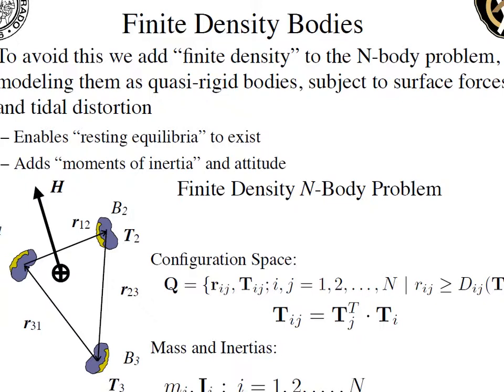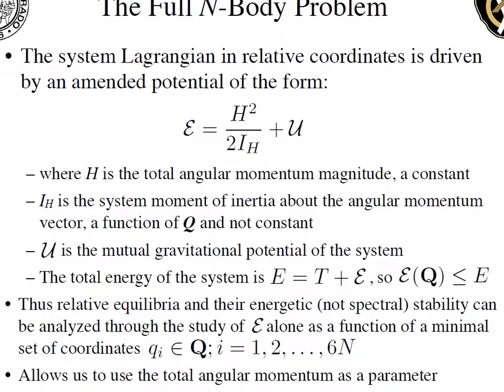We also have, in addition to the masses, the moments of inertia or the inertia tensors that we need to worry about as well. One thing we do inherit is a lower bound on all the relative distances between these bodies, but that can be a function of the attitude of the bodies themselves. So this is the problem statement that we're actually dealing with.